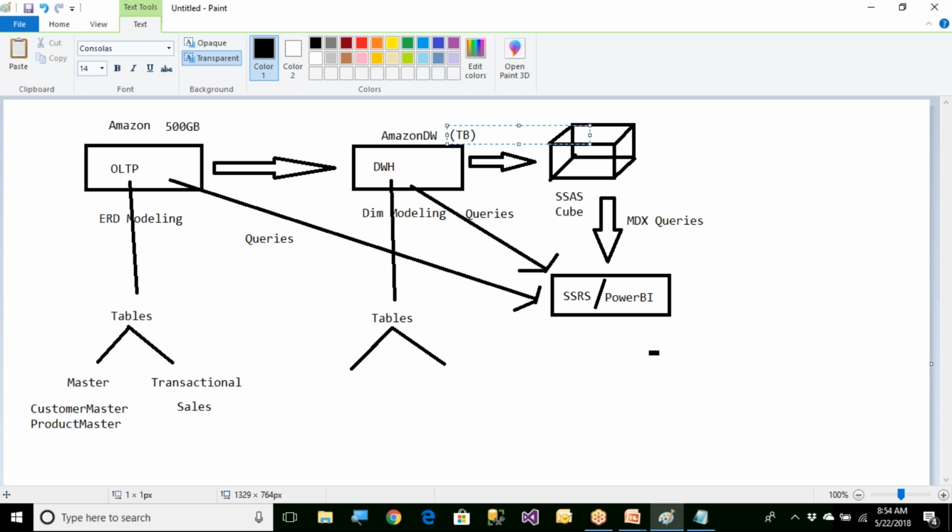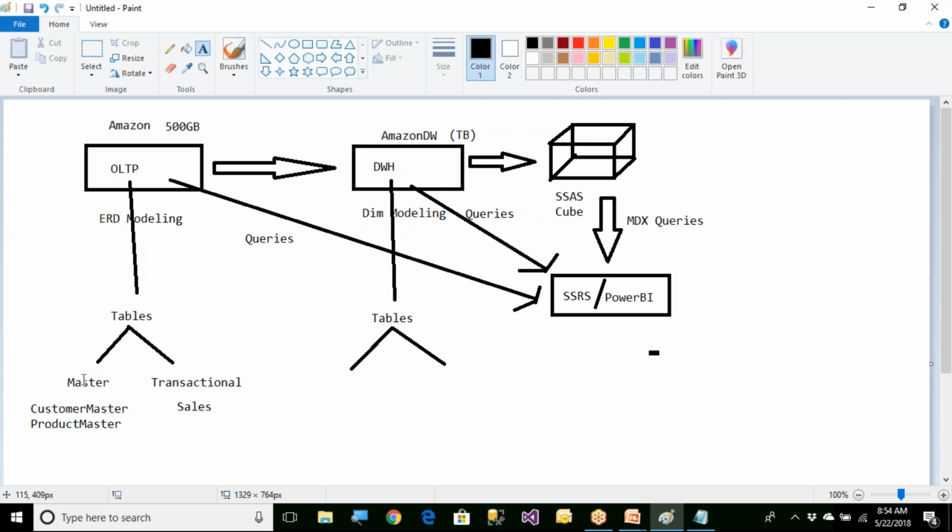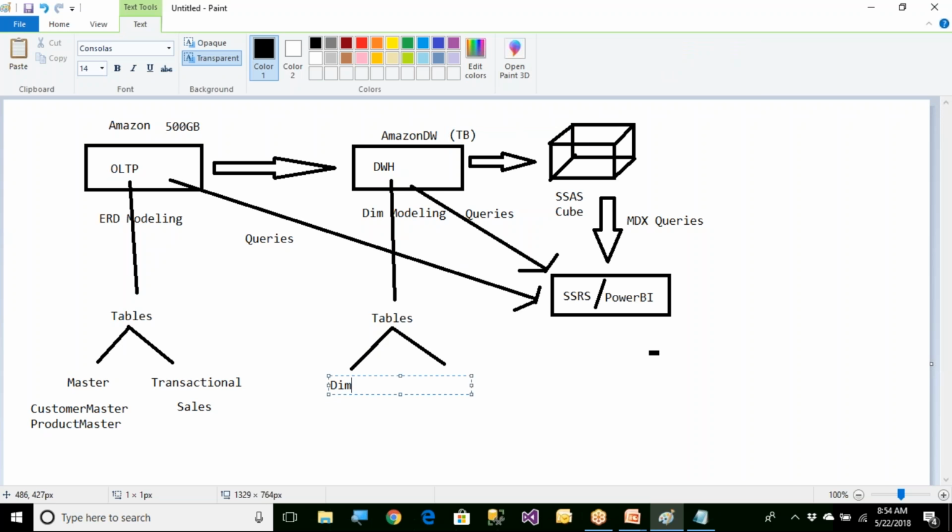Wherever you have data warehouse databases, a special server will be taken. Inside the server, a large amount of hardware has to be there. Plus, you have to create a data warehouse database. Now, all the master tables here will be called dimensional tables, and all the transactional tables are called fact tables.